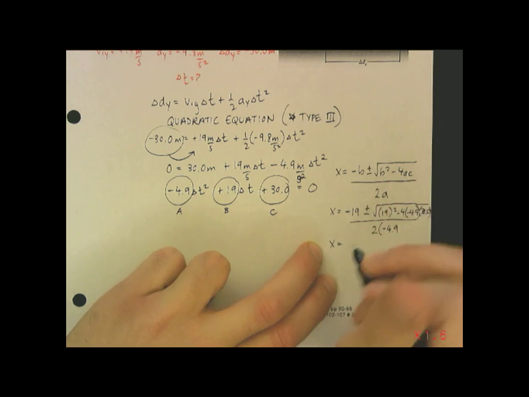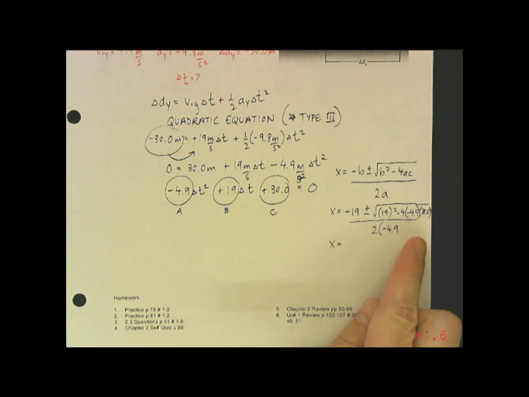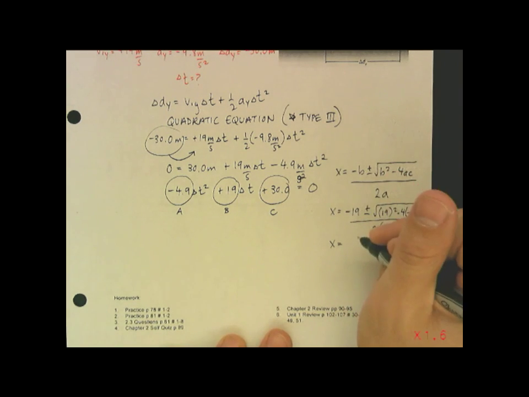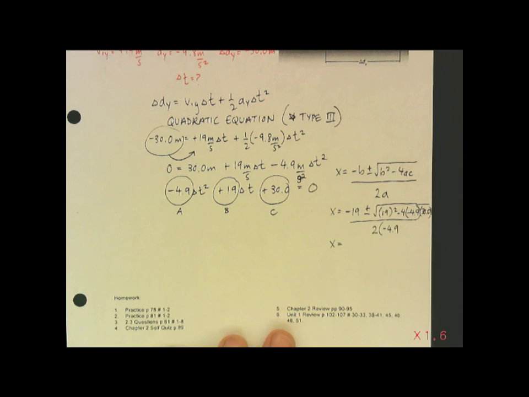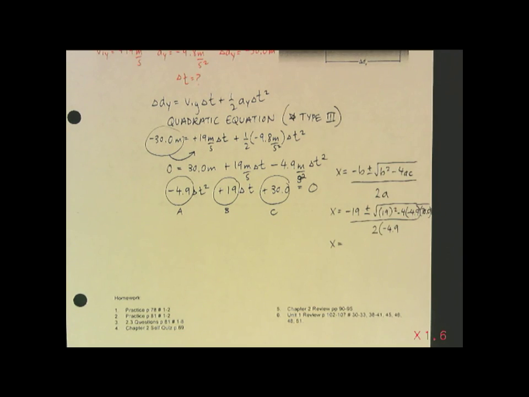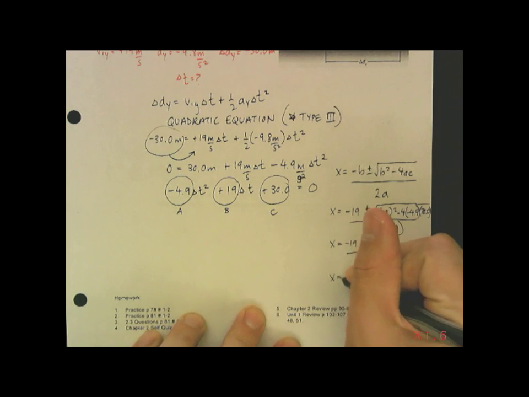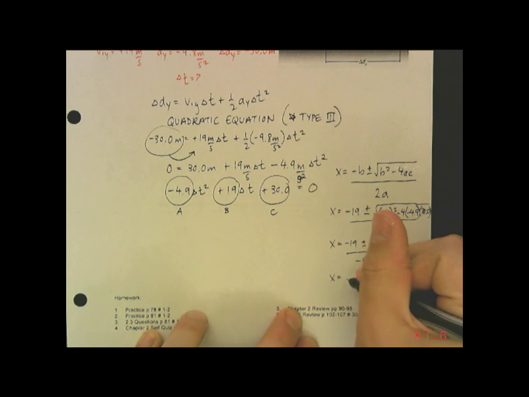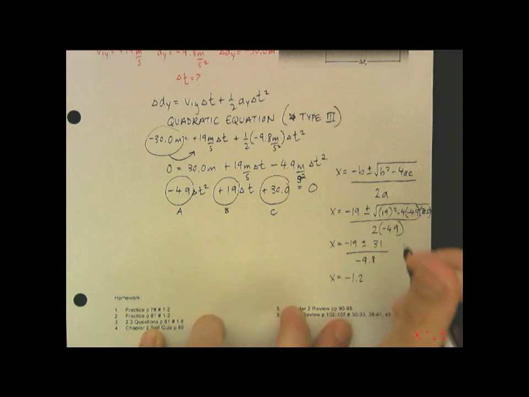What I normally do is I simplify what's under the square root. If you punch this into your calculator, you should be able to simplify it. When you compute this, you should get 2 values for x, negative 1.2 and 5.1.